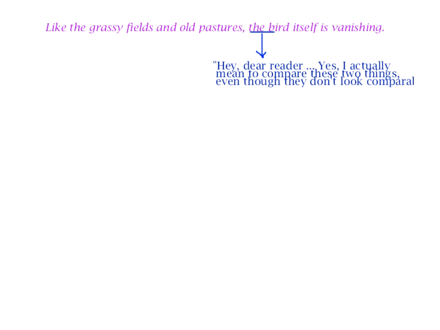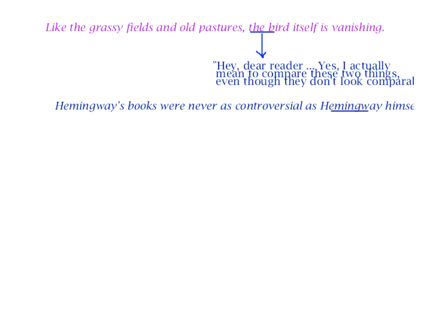That's what that's doing. For example, if you said something like Hemingway's books were never as controversial as Hemingway himself. Because again, you're comparing books to a person here, which would normally not really be a thing. But if this is what you mean, then it's what you mean.